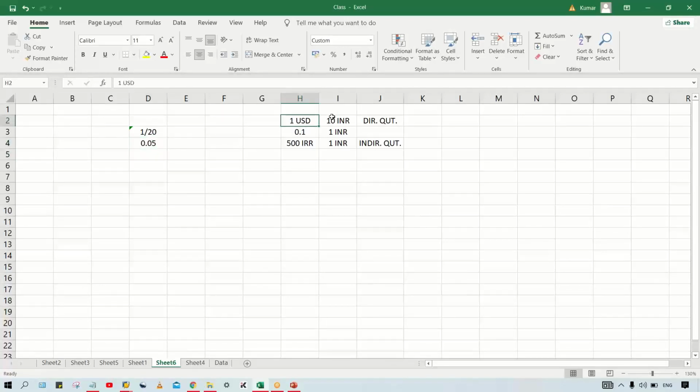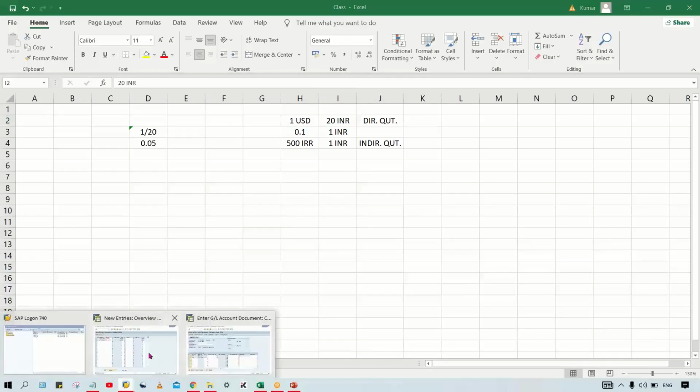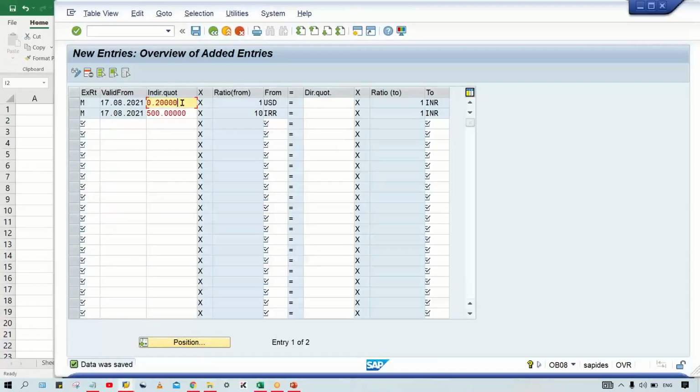So if 1 USD equals 20 INR, and you maintain the rate as per direct quotation, 1 unit of foreign currency equals 20 units of local currency, right? So that can be specified under direct quotation. We are going to specify 20, which is pretty simple to understand for everybody, right?